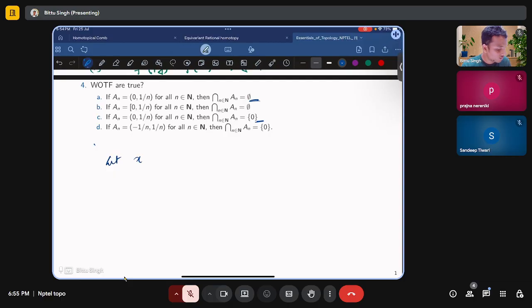We are considering option A. So let x belong to the intersection of A_n. Belonging to the intersection means x belongs to everything, so x belongs to A_n for all n.